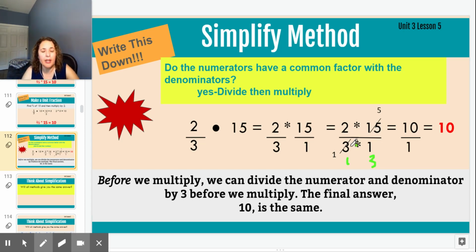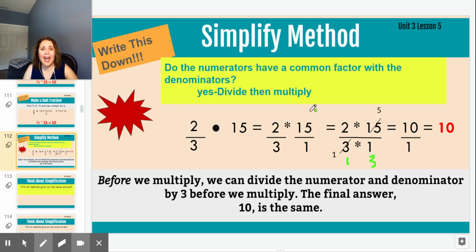So in essence, what I did is like switching these around. So now I have 15 over 3, right? And I know that 15 over 3, I know 3 goes into 15 5 times, 3 goes into 3 1 time. So it's basically what I did, but without switching the numbers around. You don't have to switch the numbers around, but in essence, that's what you're doing, and that's why you can simplify.